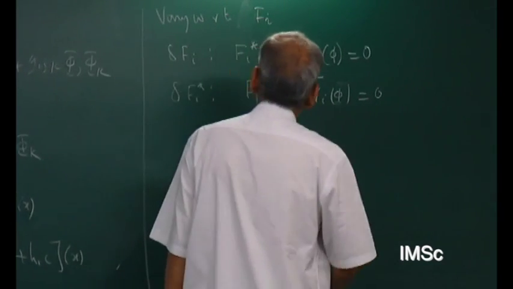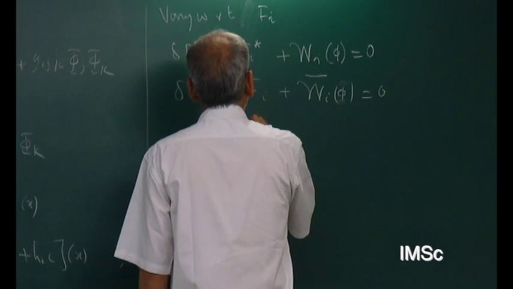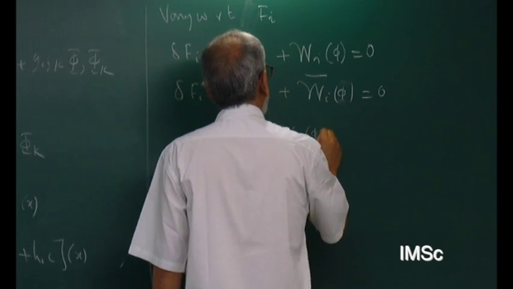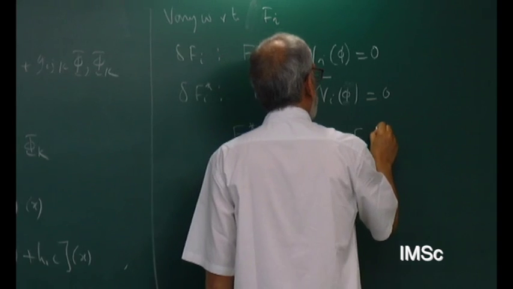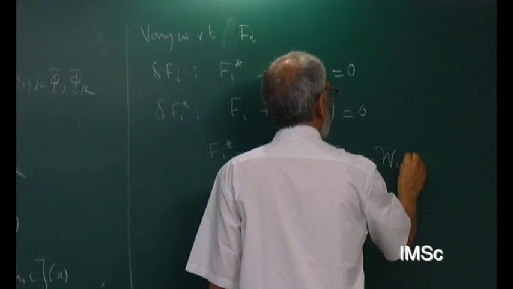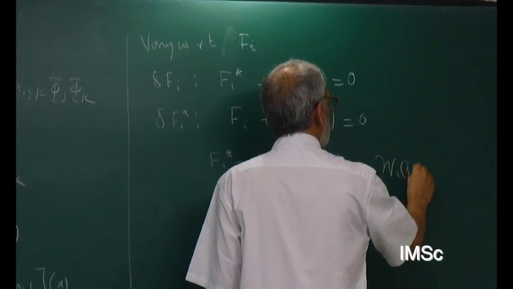So what does this tell us? This tells us that Fi star is minus Wi phi, or Fi is minus Wi phi bar.